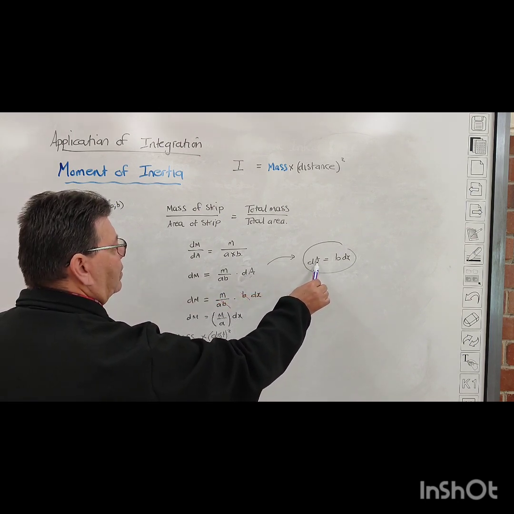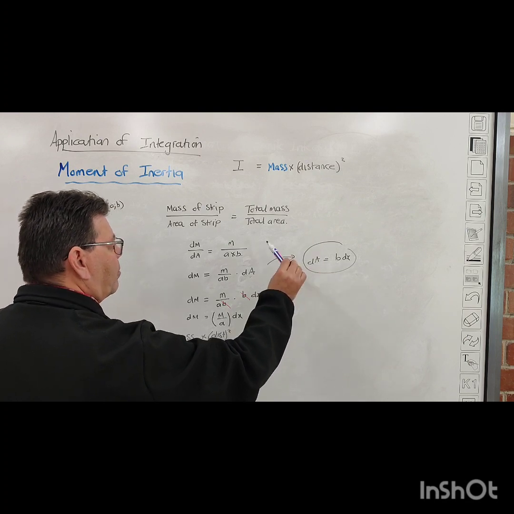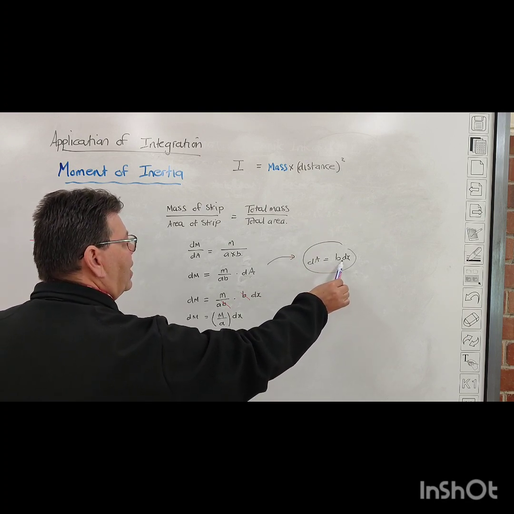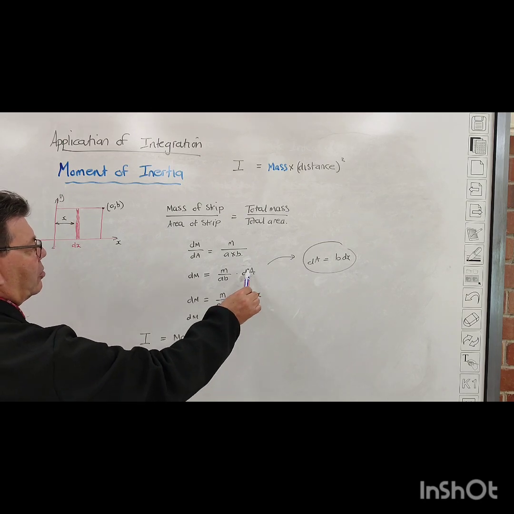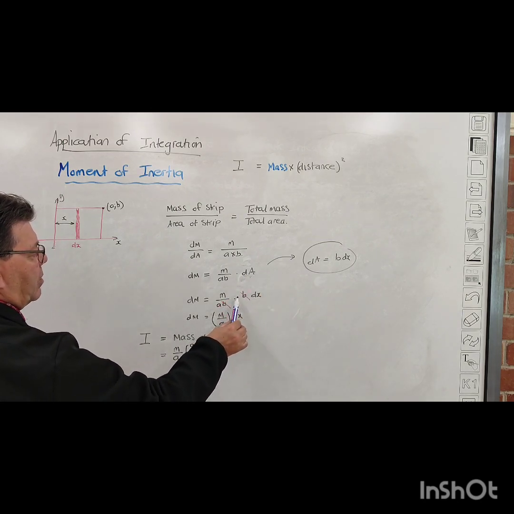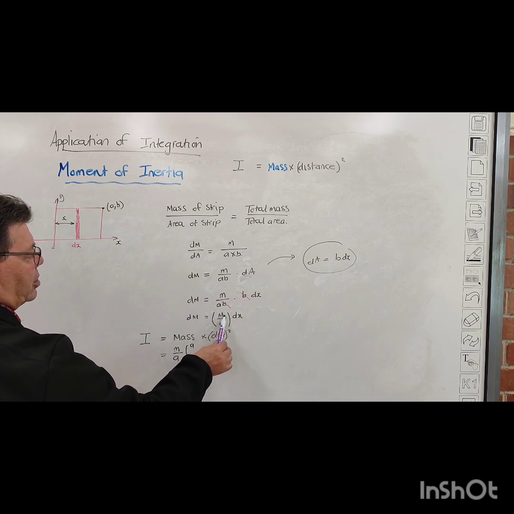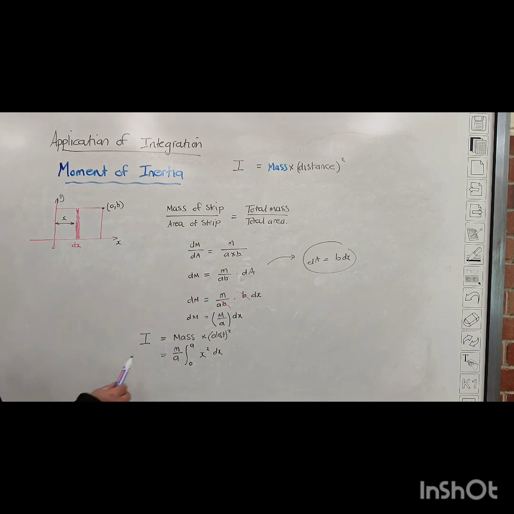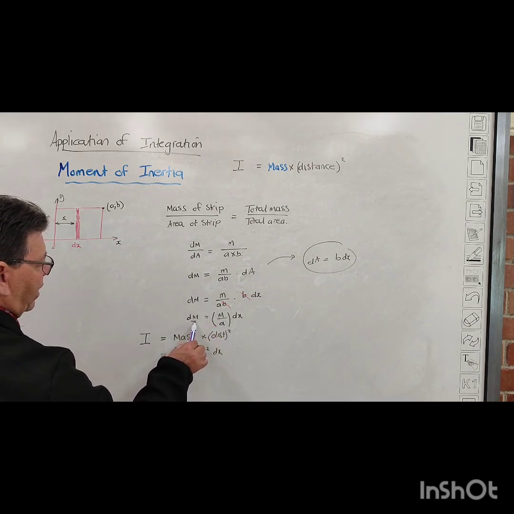So dA is the same as the previous one, B dx. So I substitute this by B dx, then this B and this B cancel out. So now I'll just have the M over the A with reference to dx.